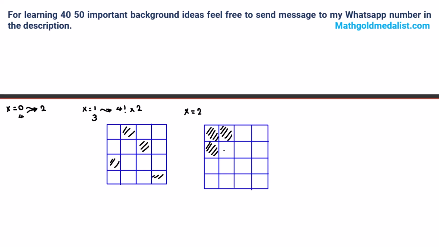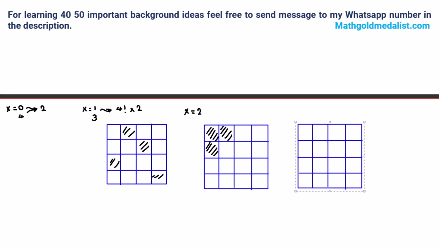But for the next black in this row, it can be here or here, okay? These 2 are similar, so we can consider one of them. So let's consider these 2 cases. This black, this black, this one is black, or this one is black. Then because we know in the first 2 rows and first 2 columns we have 2 blacks, the other blacks are exactly here. It would be unique.